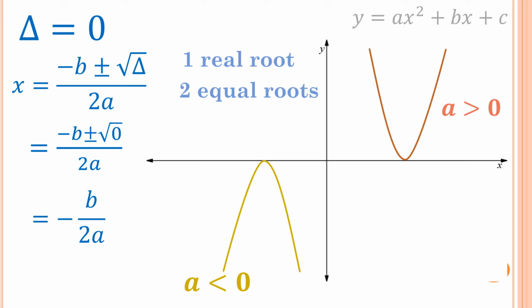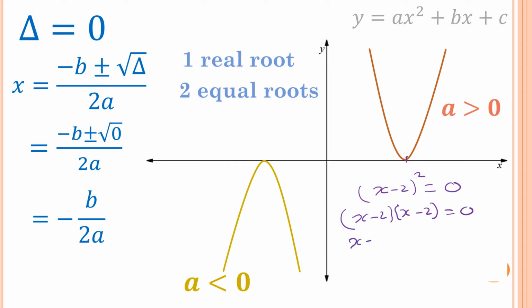Now, why two equal roots? Let's say x minus 2 all squared is equal to 0. Expanding this out, it means x minus 2 times x minus 2 is equal to 0.